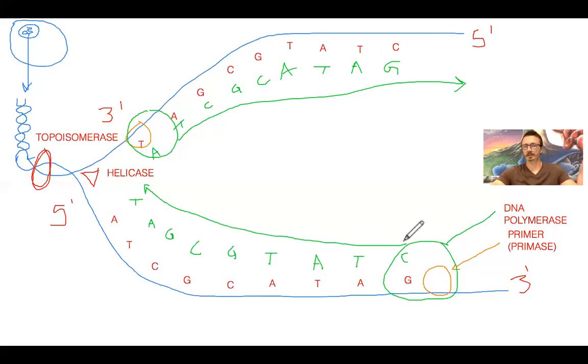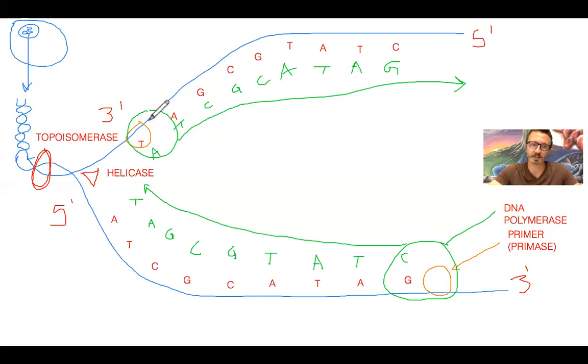Now here's the weird thing. This particular DNA polymerase is working towards the helicase, like towards what we refer to as the replication fork. Whereas this particular DNA polymerase is actually synthesizing a new strand of DNA away from the replication fork.